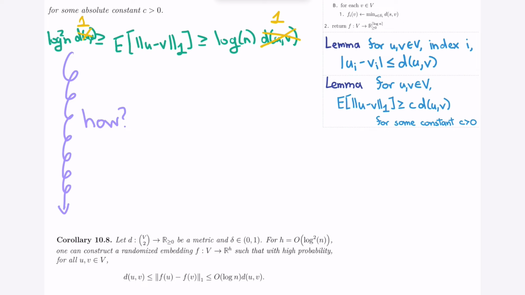Well, first, Markov's is usually about how much you go over the average. And here we're saying you shouldn't go under the average too much. The average is already log n, and we want to show it doesn't get under 1.